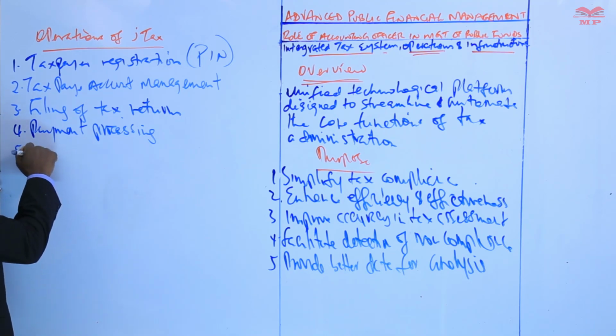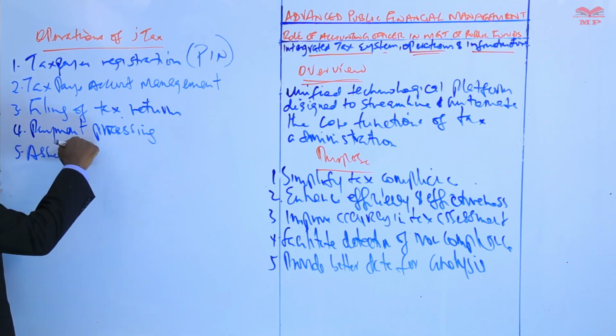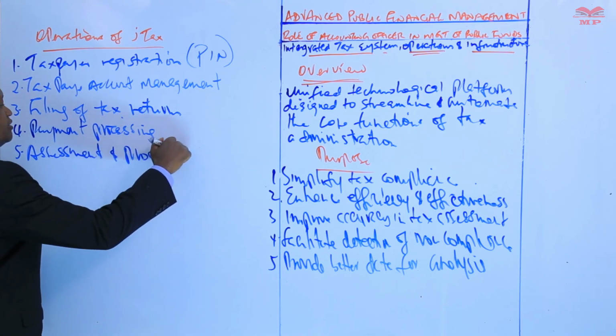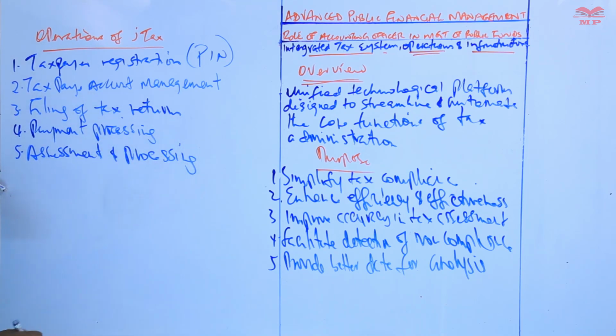Number five, assessment and processing. That's another operation. An ITS supports the assessment of tax liabilities, including self-assessment by taxpayers and assessments by the tax authority.